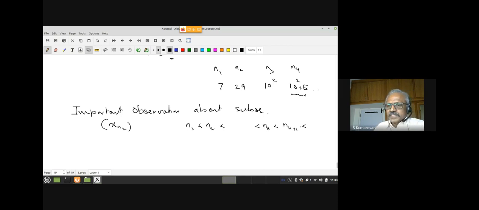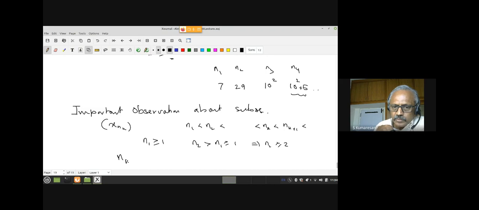There is something very interesting that happens. See, n1 is a natural number, therefore n1 is greater than or equal to 1. And n2 is greater than n1, and n1 is already greater than or equal to 1, therefore n2 must be greater than or equal to 2, because it's strictly greater than n1.